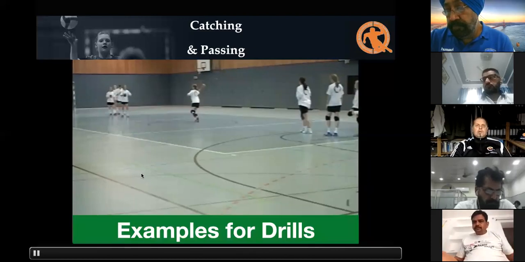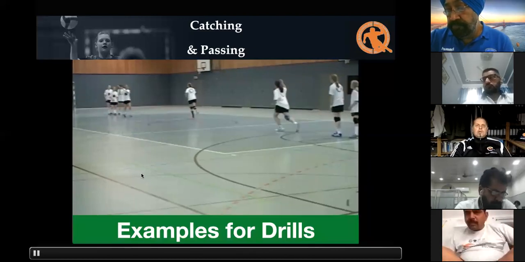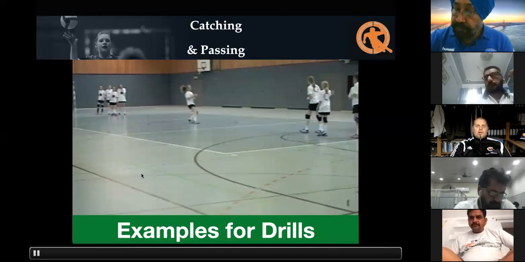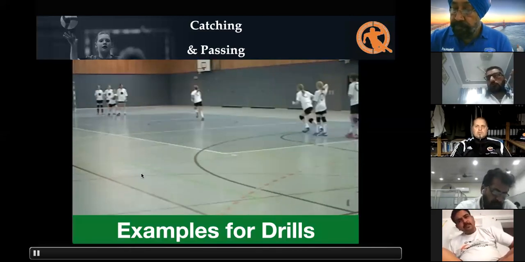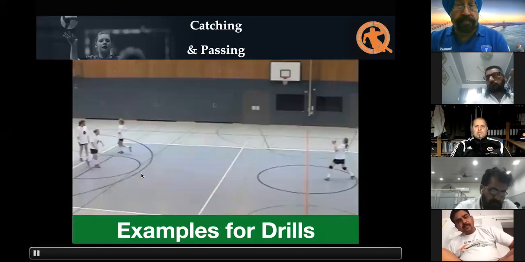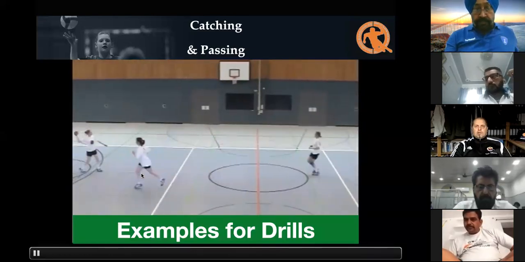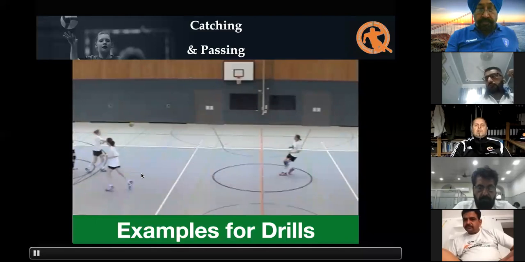And when you're in, move, turn around, pass, and give back to your own group. So one side, very easy, but very nice to develop the give and go movement.